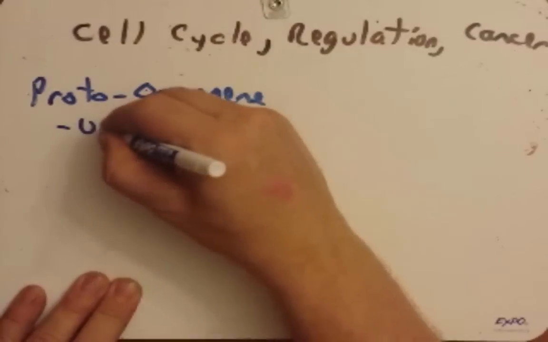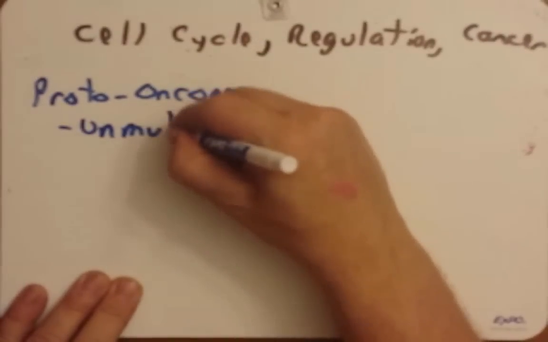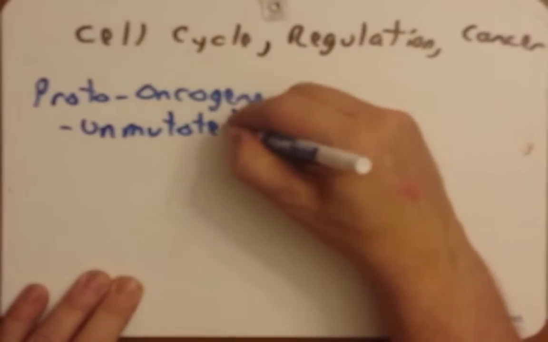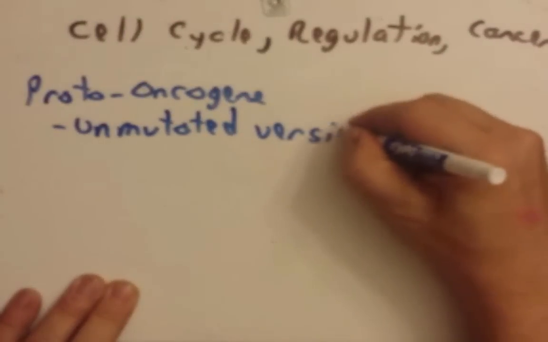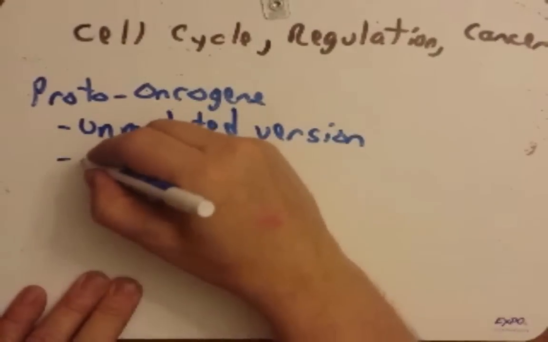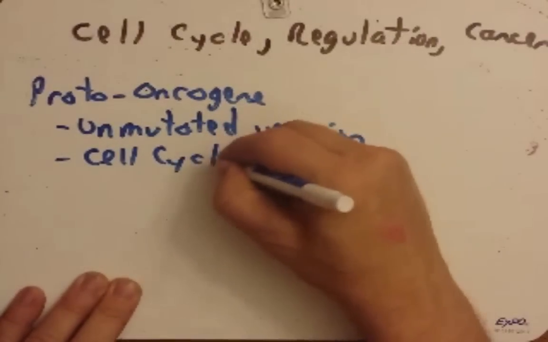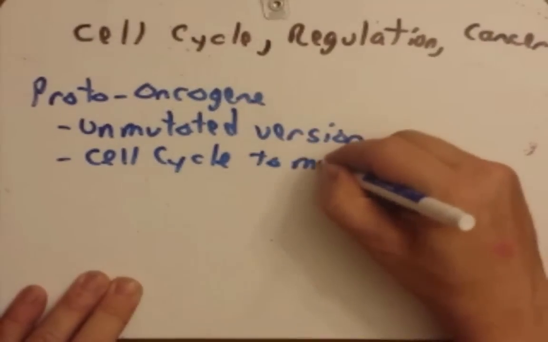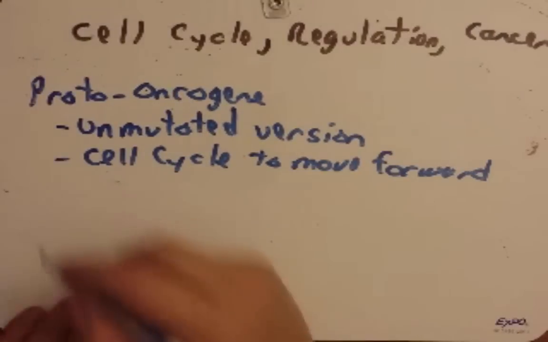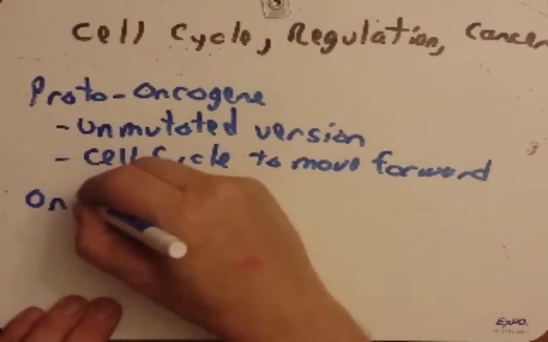This is the unmutated name of the gene. It causes the cell cycle to move forward, as we said before. And then we need to talk about what an oncogene is.